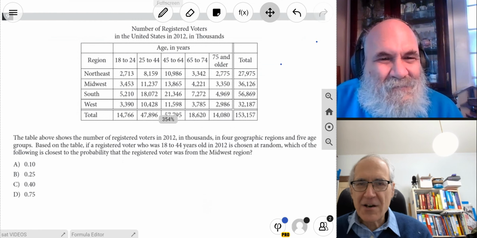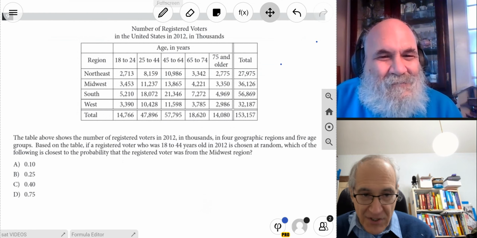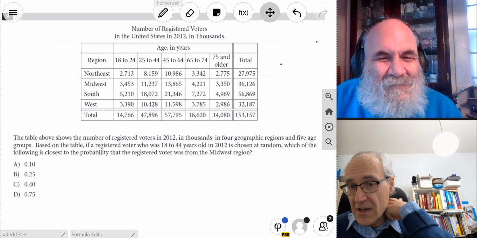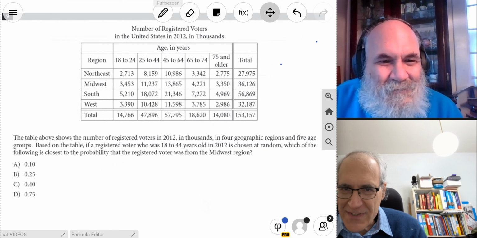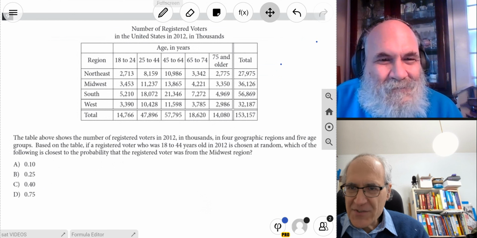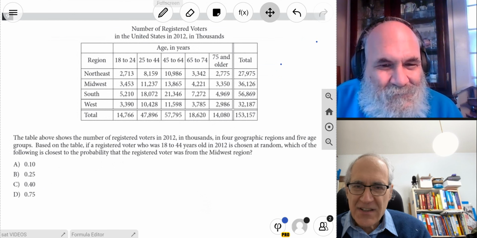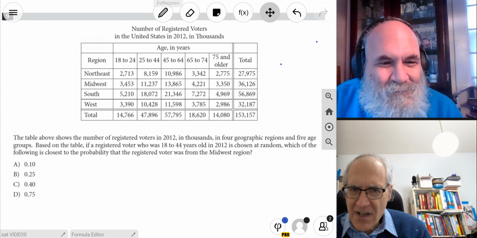Okay, everyone, let's go. This is a calculator question from an old SAT test. Number of registered voters in the U.S. in thousands. The table above shows the number of registered voters in that year in thousands in 4 geographic regions of this country and 5 age groups.